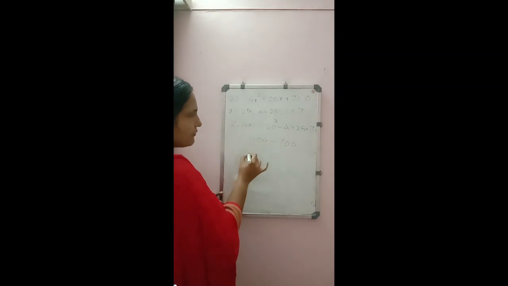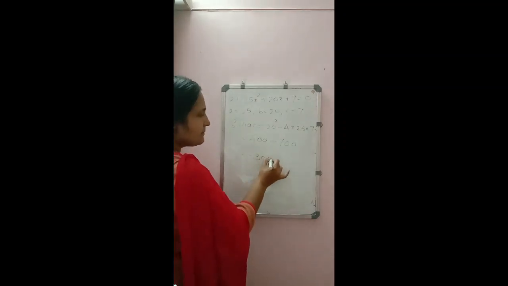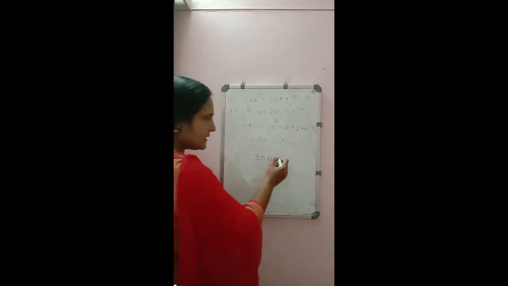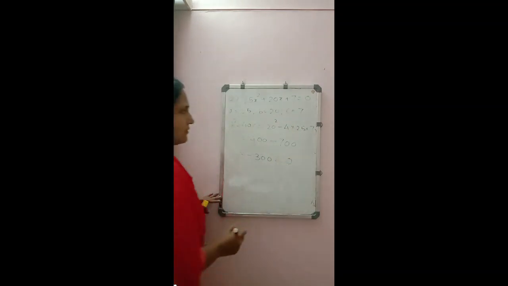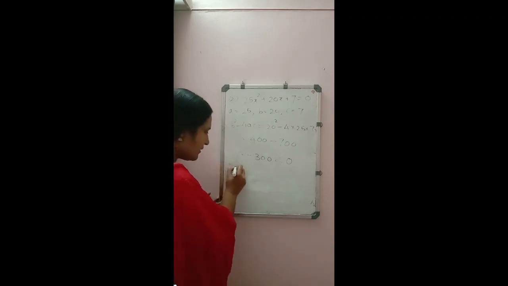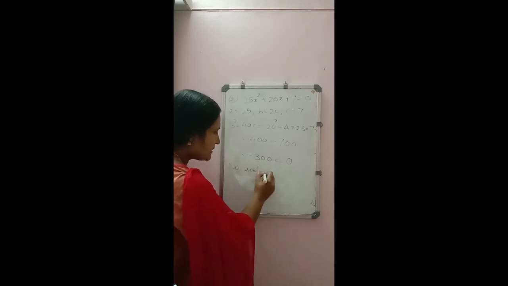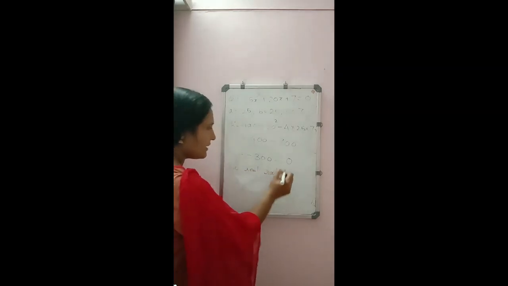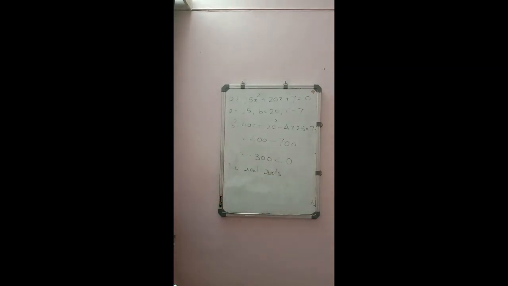So here we are getting 400 minus 700 is minus 300, which is less than 0. So if the value of b square minus 4ac is less than 0, then we don't have any real roots. So here we will write no real roots. In case of real roots only, we have to find out the solution. Otherwise, you don't have to find out the solution.